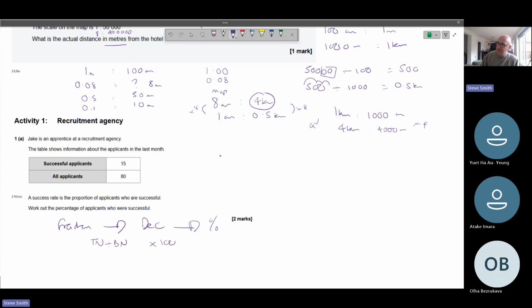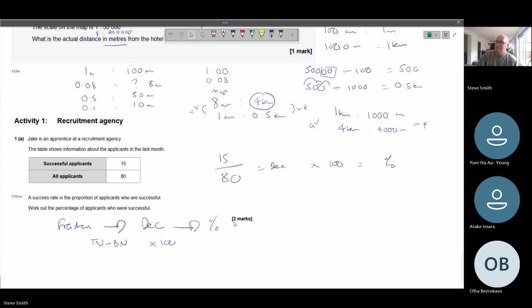It says 15 people out of 80 were successful. So 15 divided by 80 gives us our decimal. Times it by 100 will give us our percentage. And for 2 marks, I think that's really favourable.